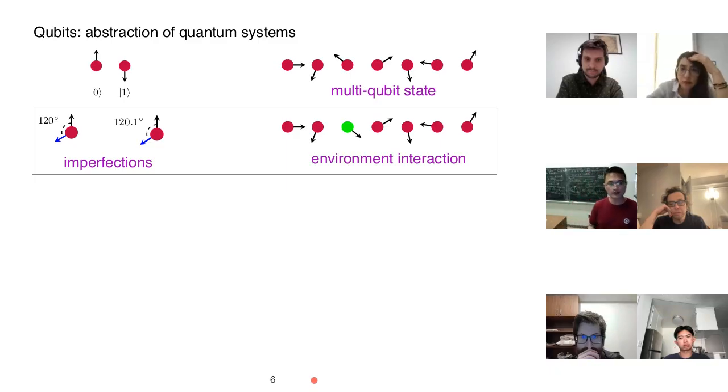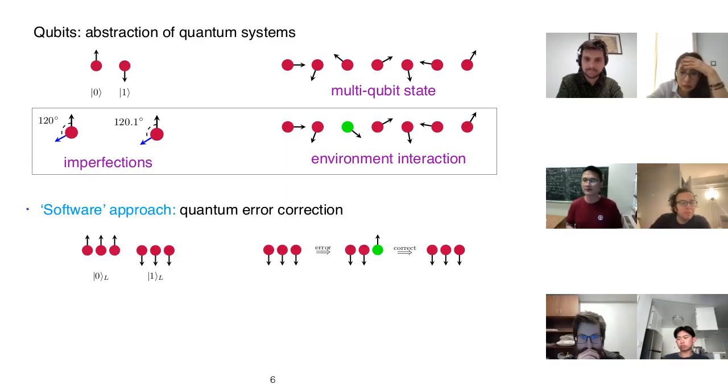Another factor is there are imprecisions in how we can control the system. Maybe we want to rotate the spin by 120 degrees, but in fact we can only execute a rotation of, let's say, 120.001 degrees. All of these introduce errors to the calculations, and when they accumulate enough, they will destroy the computing process.